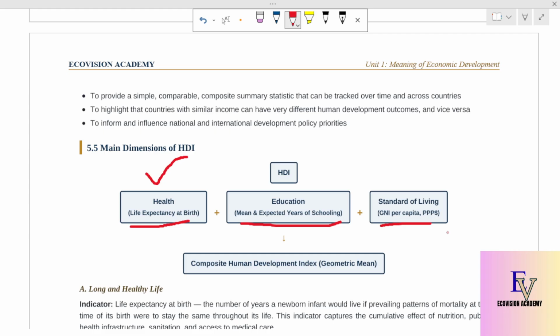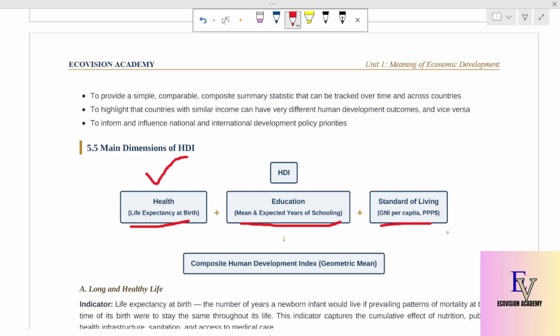First one is health, and how is health calculated? It is calculated by the life expectancy at birth. For anyone born at this particular time, what is his or her life expectancy from this time? Okay, life expectancy at birth: for how many years he or she is going to live. Then education, for which we get the expected years of schooling.